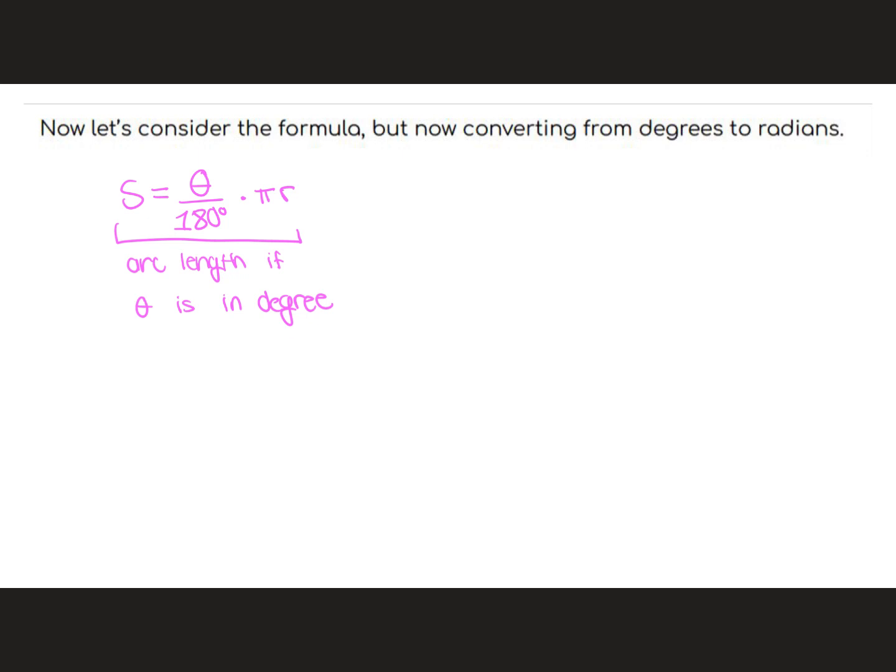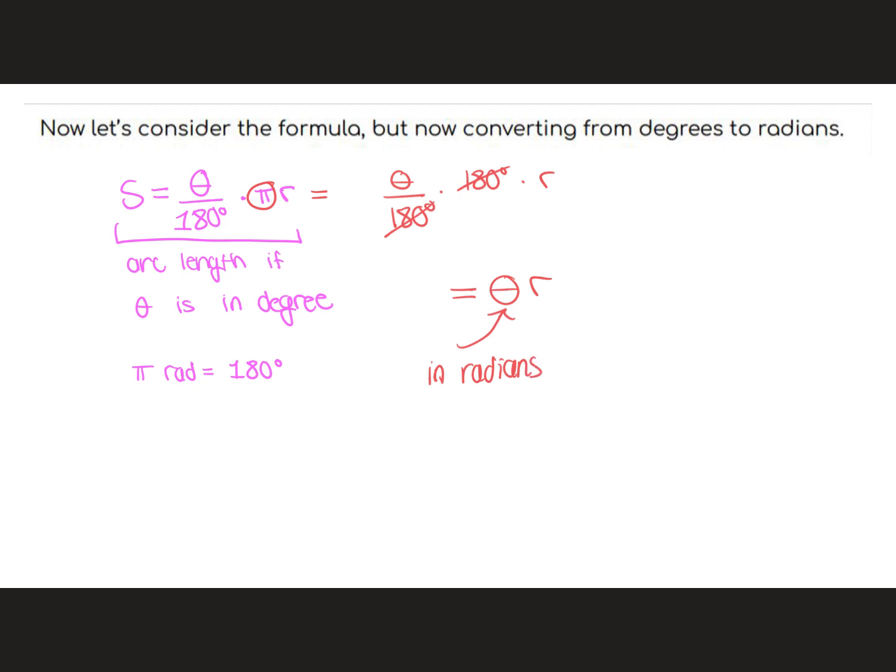We know that pi radians equals 180 degrees, so we can simplify this formula more, because we can think of this pi as 180 degrees. So our actual formula for arc length is r times theta, given that theta is in radians.